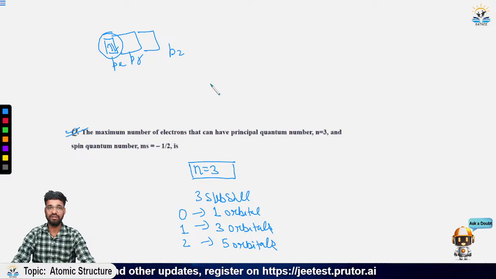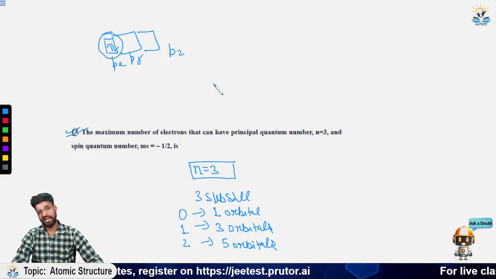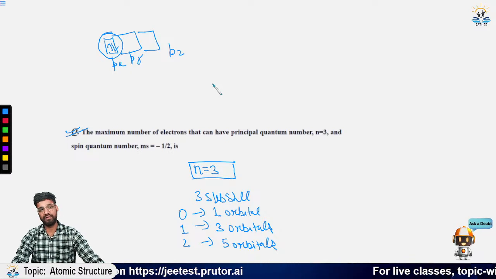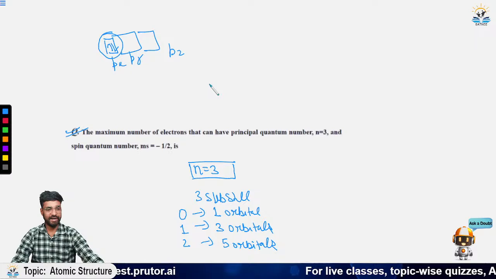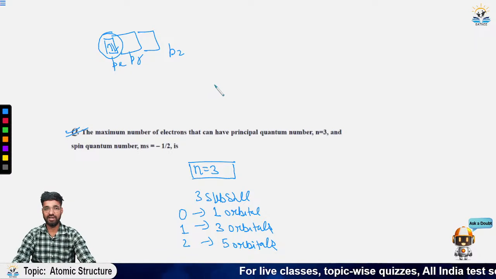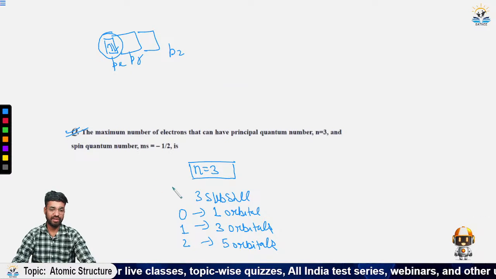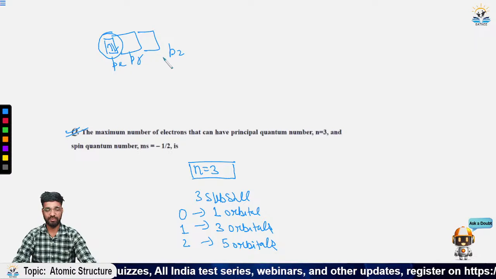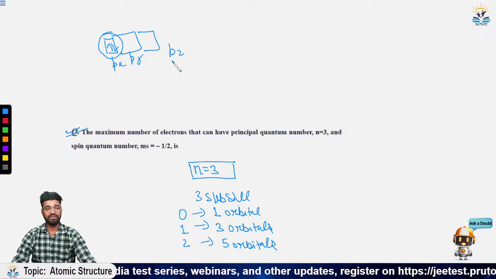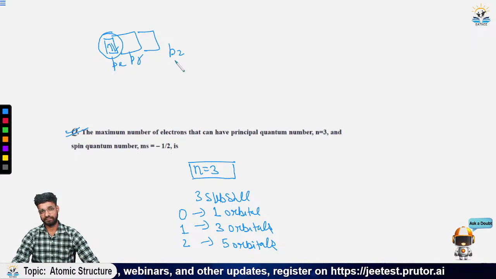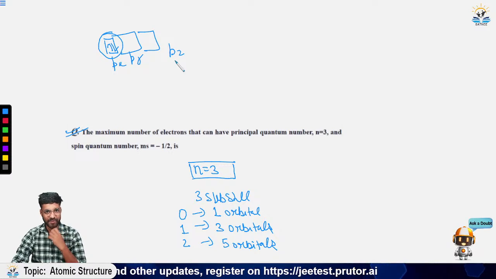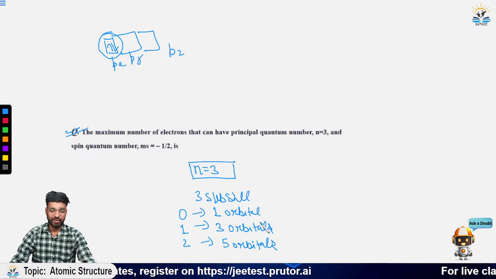You will get a more complex idea about it when you move to the filling of electrons. But for now, to get an idea of this quantum number more clearly, I am giving this example. Take it for now that for a given orbital, a maximum of two electrons are possible, and both electrons must have opposite spin.